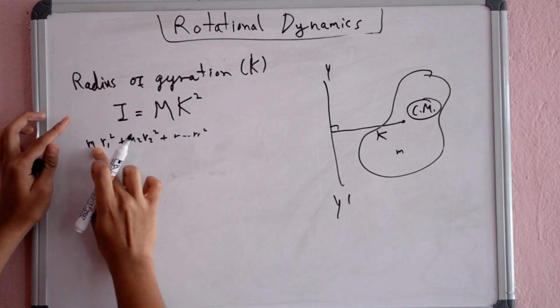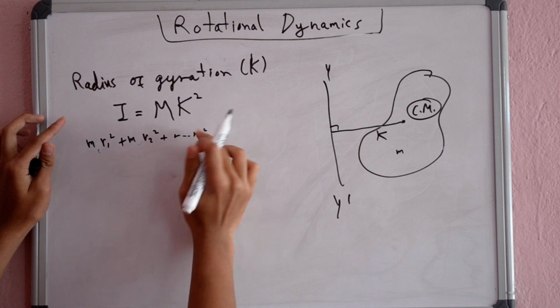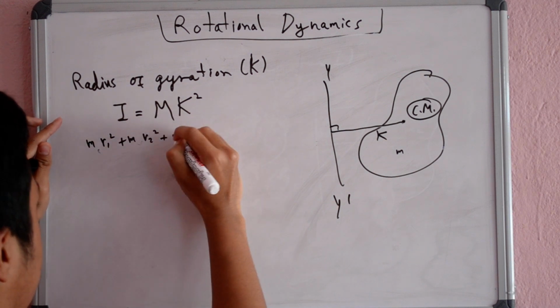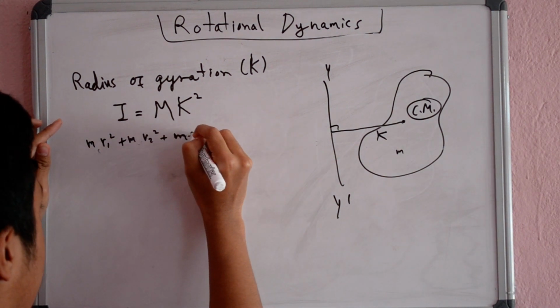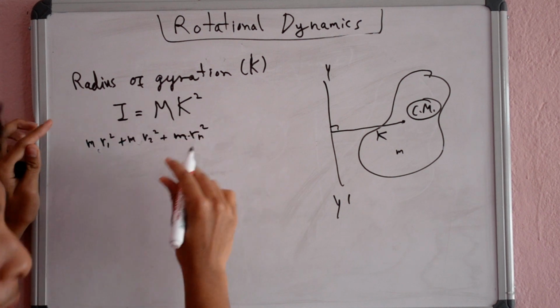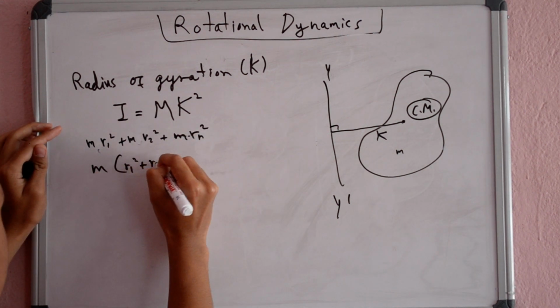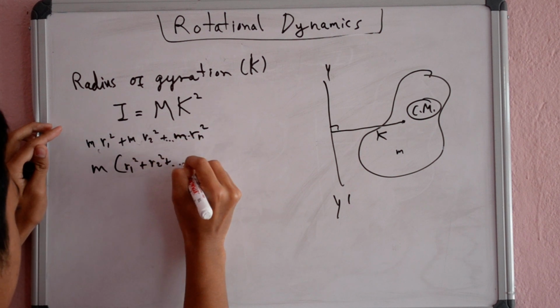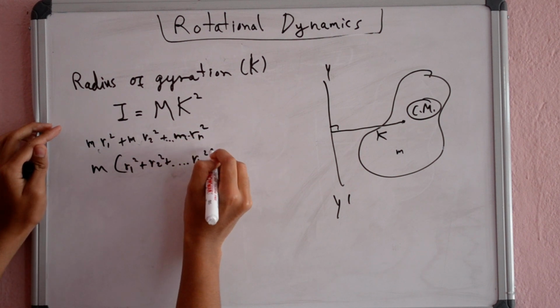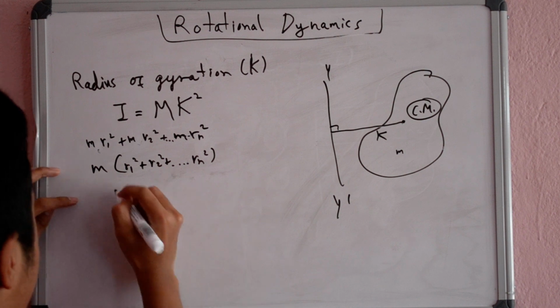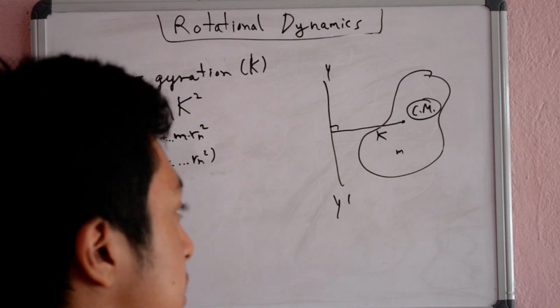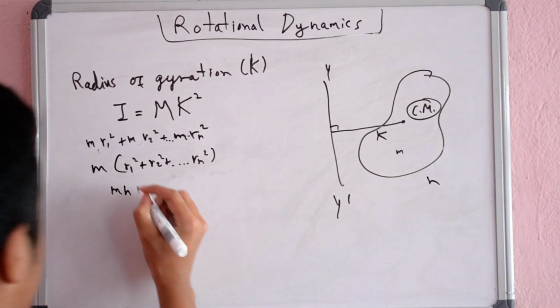So this is just m, this is also m, and this is also m. That means we can take m common. We have r1 square plus r2 square plus dot dot rn square. Now let's say there are n number of particles.